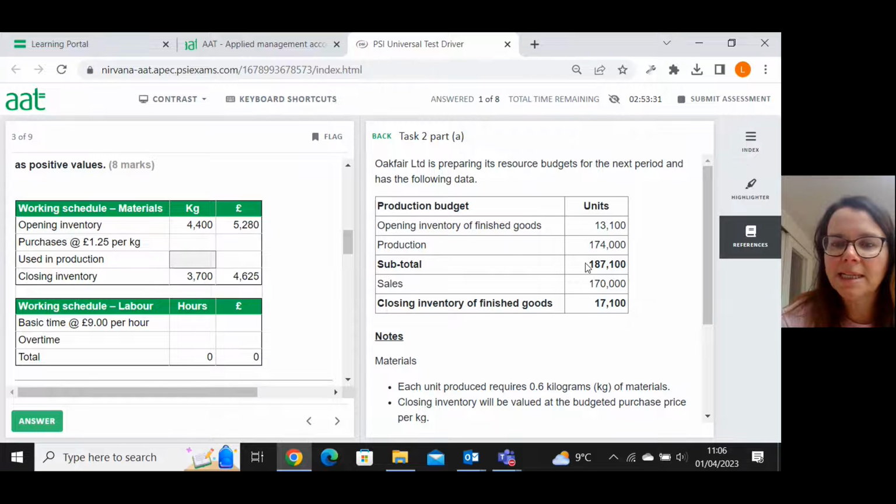So 0.6 times 174,000 gives me 103,700 kilos. And then I come to this box to work out what my purchases in kilos needs to be. So my purchases in kilos, oh, sorry, I've put the wrong figure in there. 104,400, that one should be.